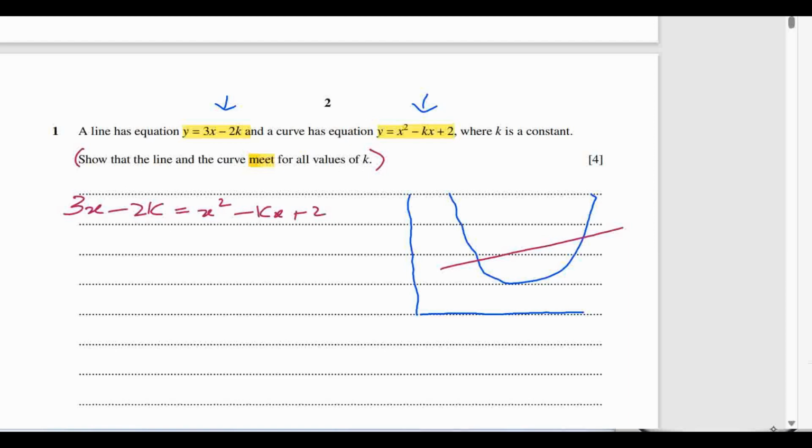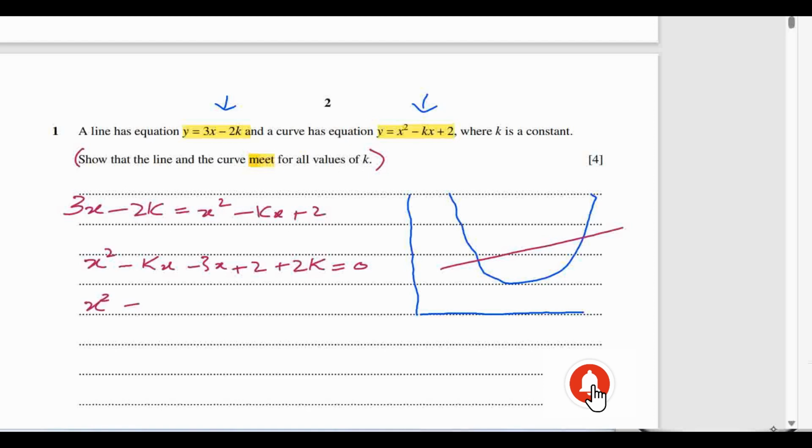If you further simplify it, this will be x square minus kx minus 3x plus 2 plus 2k equals 0. Basically, we are shifting these two terms, 3x and 2k, to the other side.